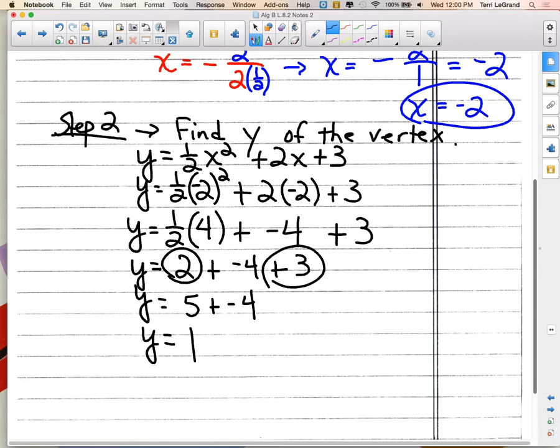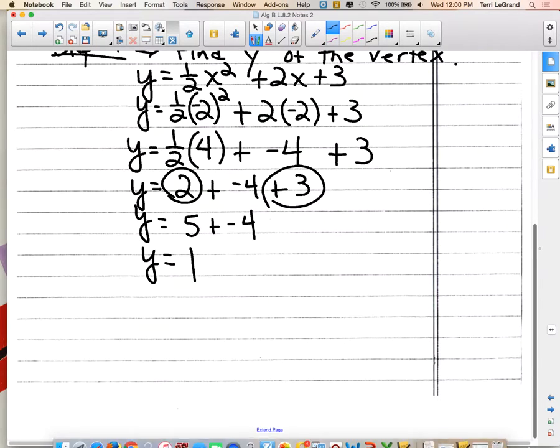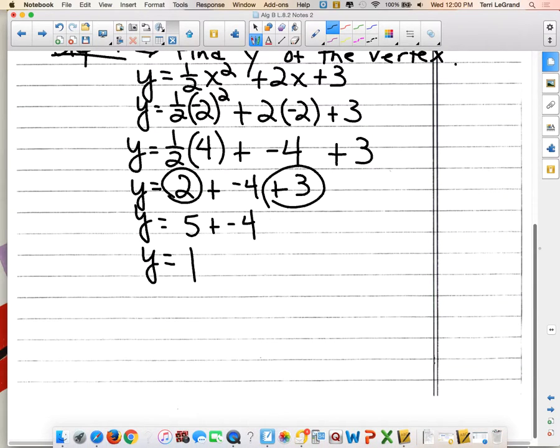Step 3 says do what? Okay, write it as an ordered pair.